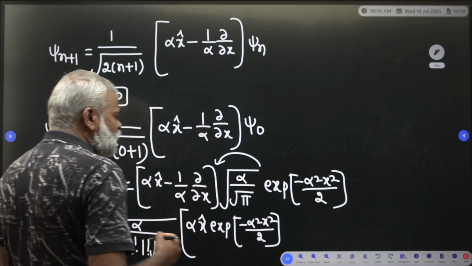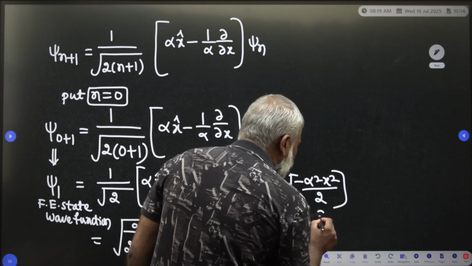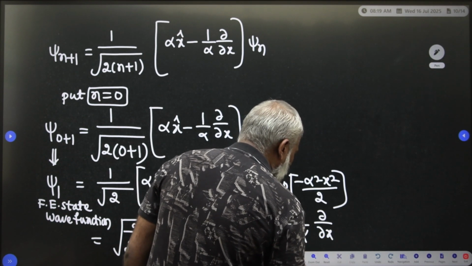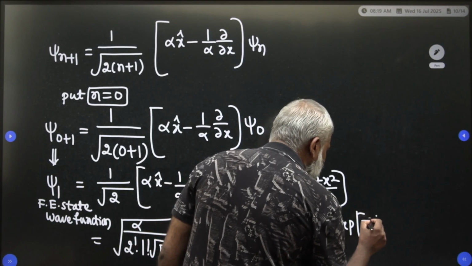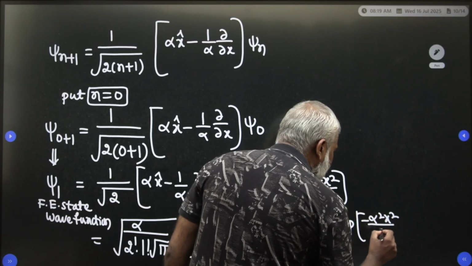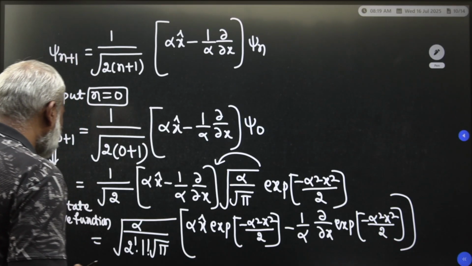So I have to bring inside minus 1 by alpha into dou by dou x of exponential of, which one we have to write, minus alpha square x square divided by 2, we need to substitute, clear.